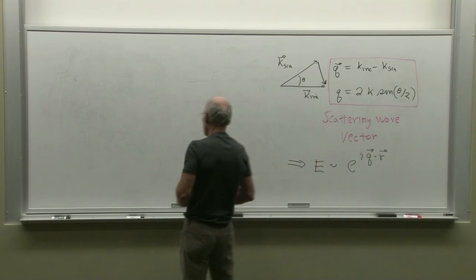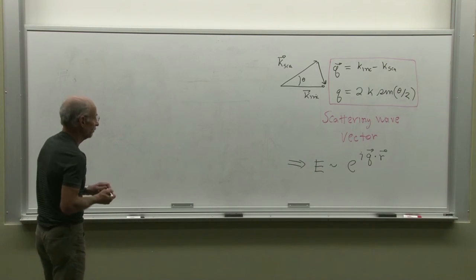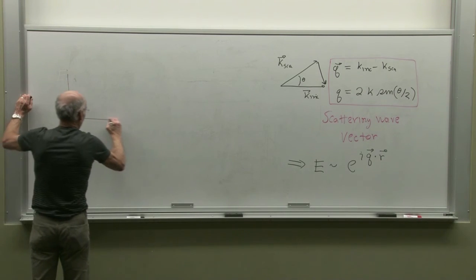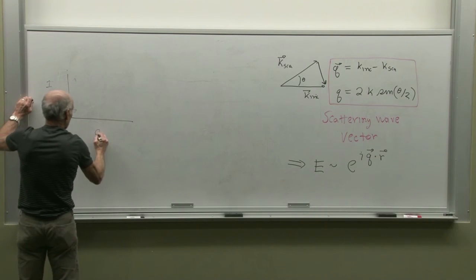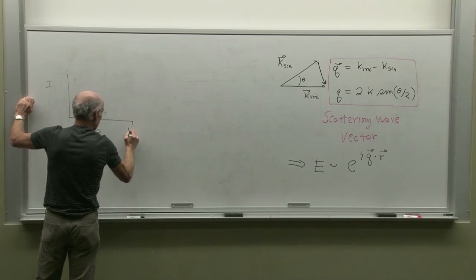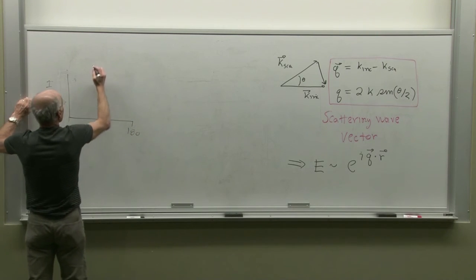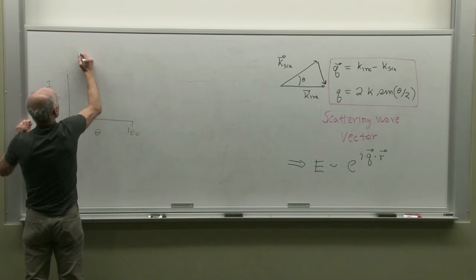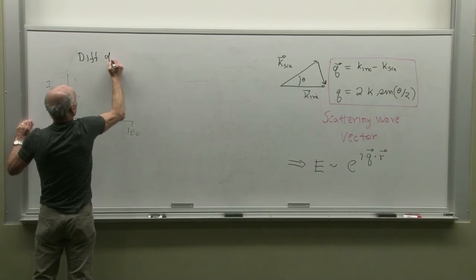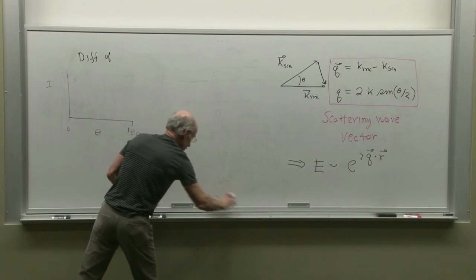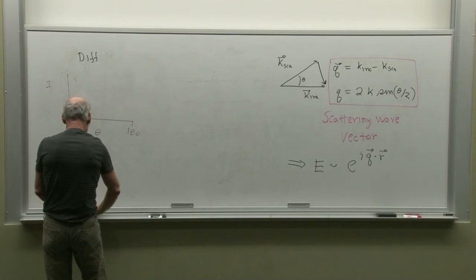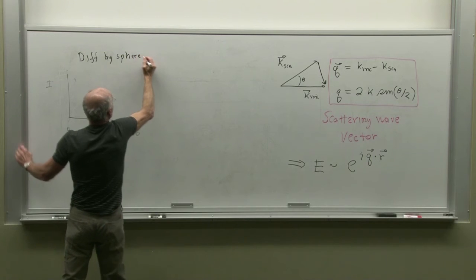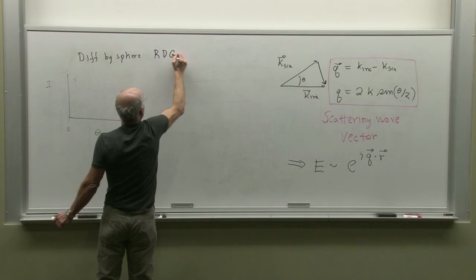So when you do this homework assignment and you figure out the diffraction from a sphere, if you plot intensity versus angle from 0 to 180 degrees, this diffraction limit is often called the Rayleigh-Debye-Gans limit.